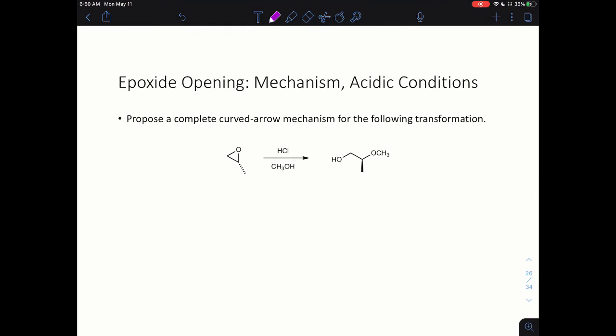Let's propose a complete curved arrow mechanism for this reaction. You can immediately see that we have a strong acid in solution. And then there's a neutral nucleophile.